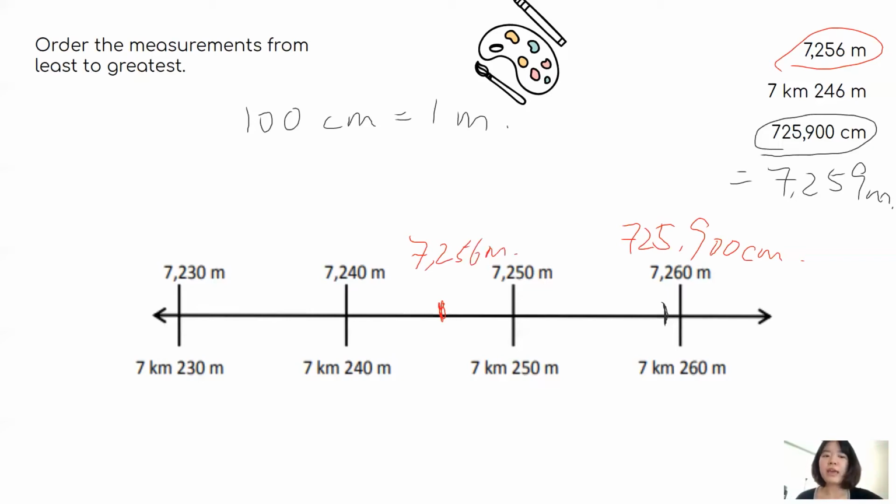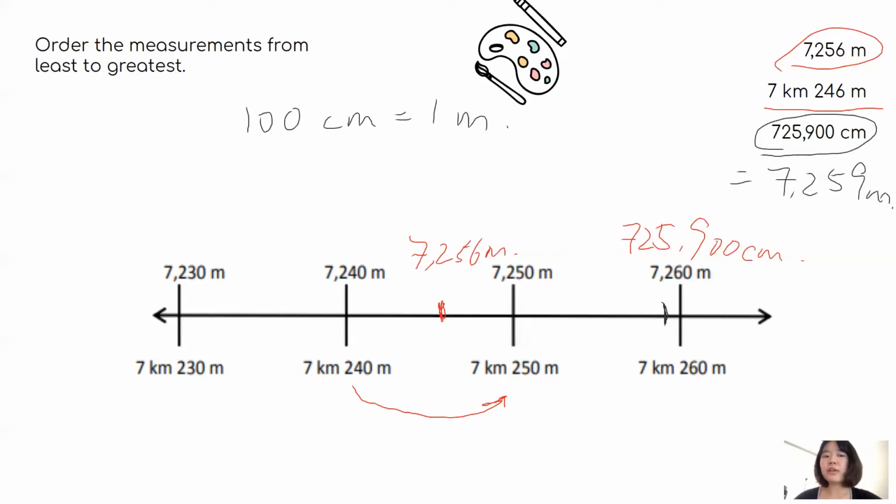Okay, and 7 kilometers 246 meters is between 7 kilometers 240 and 7 kilometers 250.